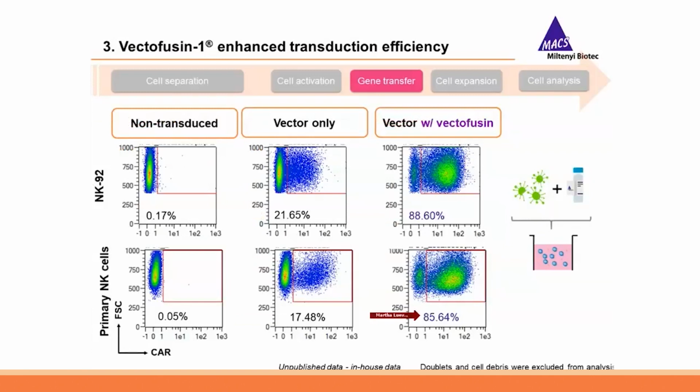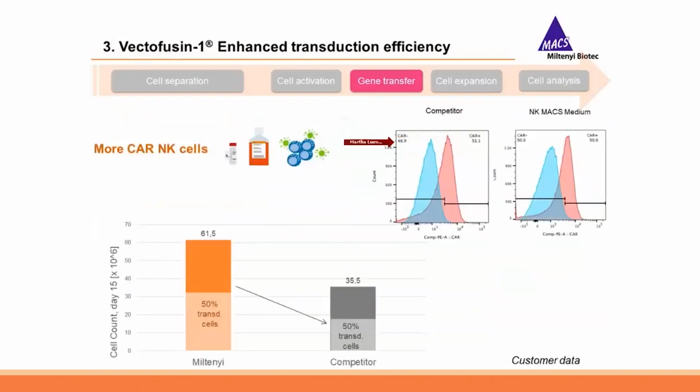So this is something that will depend on your vector. You will have to test it yourself, but I really encourage you to give it a try because it could be that you also see this amazing enhancement. Going back to the customer data that I had, here she didn't see a difference in the CAR transduction, but most importantly, she saw, like I mentioned before, double the amount of CAR NK cells using our system.